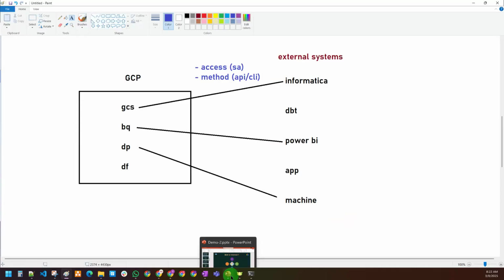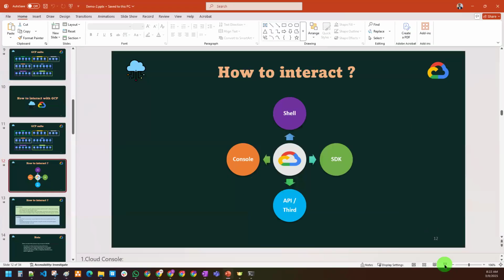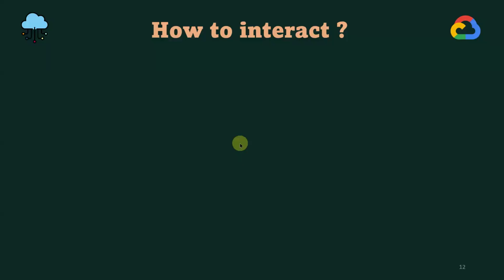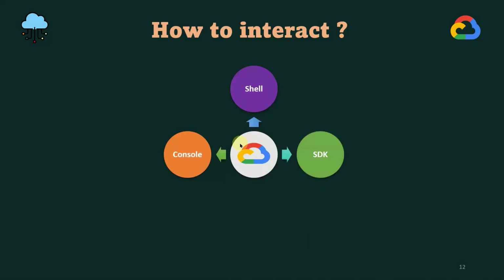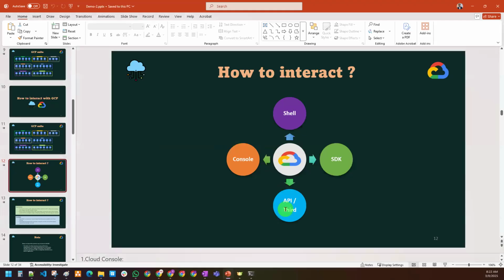That is what we have seen so far: how we interact with GCP services. One is via the console, one more is via Cloud Shell, the Cloud SDK, and APIs and client libraries. I would say APIs are for third-party tools, and we use them as client libraries.